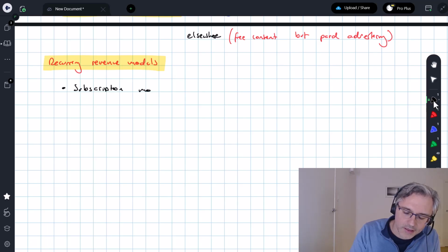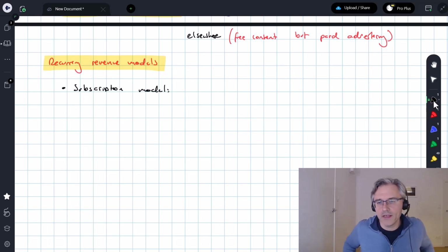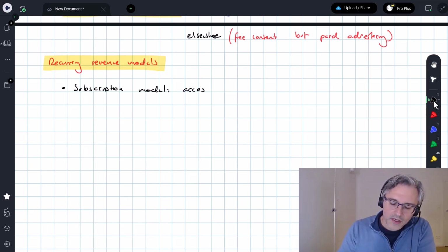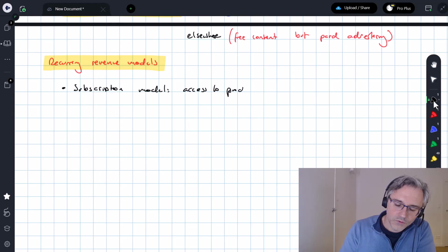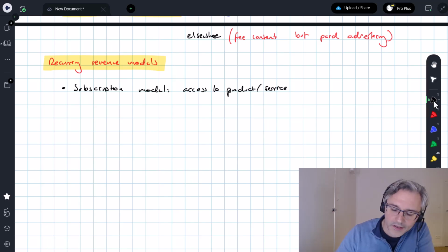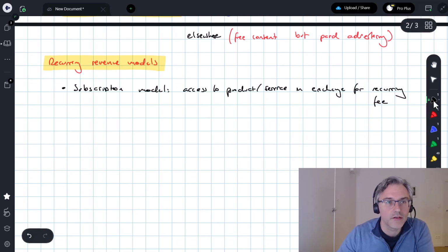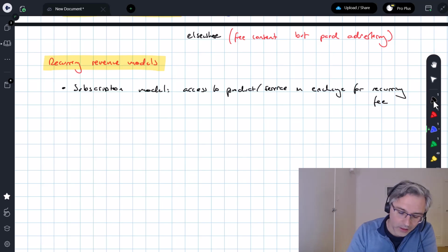People pay on a subscription basis and get access to a product or service. It could be software or cloud services for a recurring fee. Cloud services access these days is very hot, operating on a subscription model.